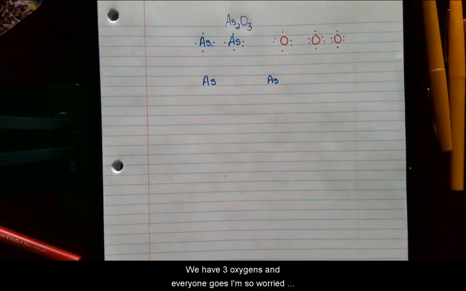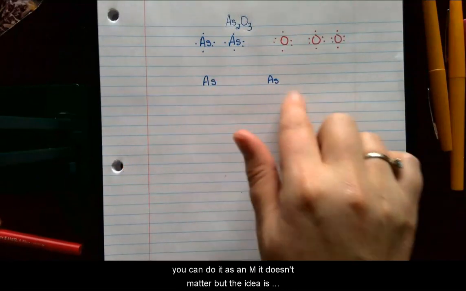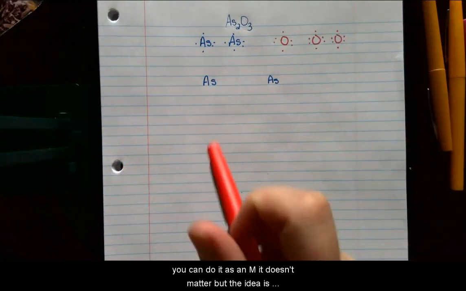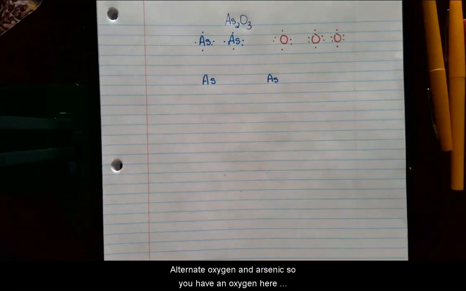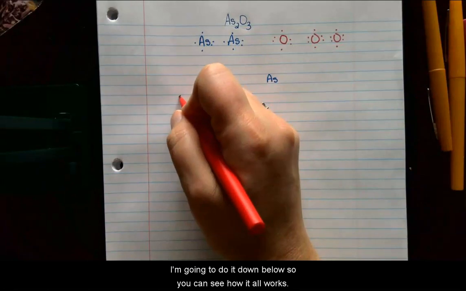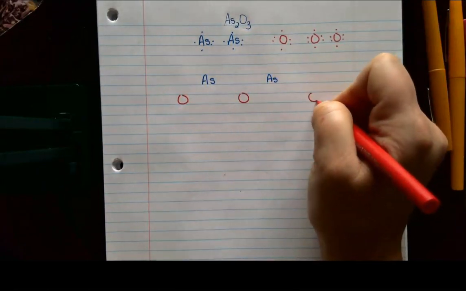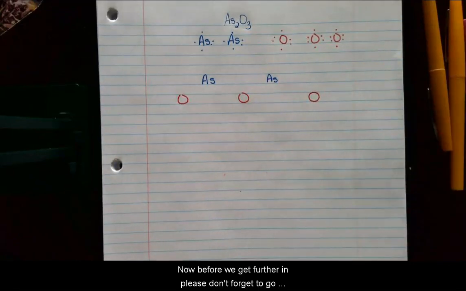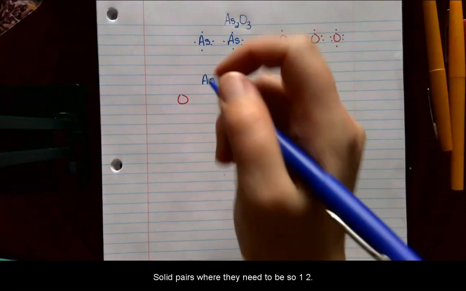Now we have 3 oxygens, and everyone worries about how you're going to do it. You can do it in a line, you can do it as an M. It doesn't matter. But the idea is you're going to alternate oxygen and arsenic. So you have an oxygen here. I'm going to do it down below so you can see how it all works. Here. Now, before we get further in, please don't forget to put in those solid pairs where they need to be.